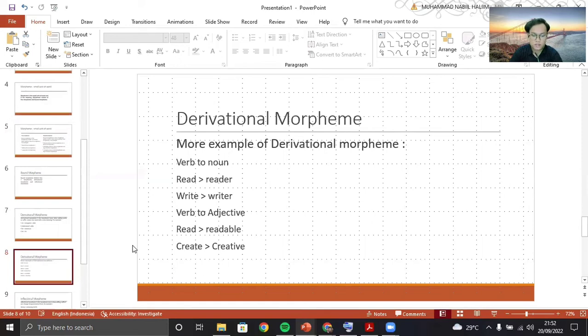Read becomes readable. Create becomes creative. It is because the rule of the derivational morpheme is to change the meaning to create a new word.